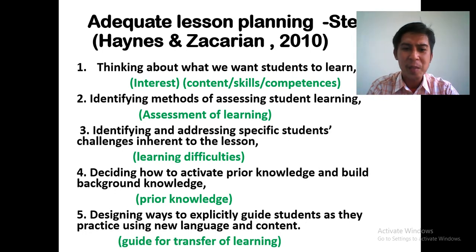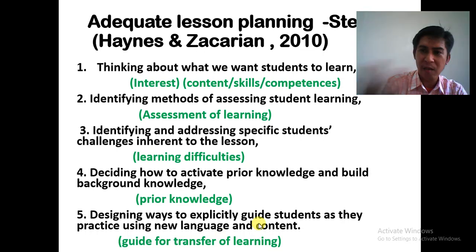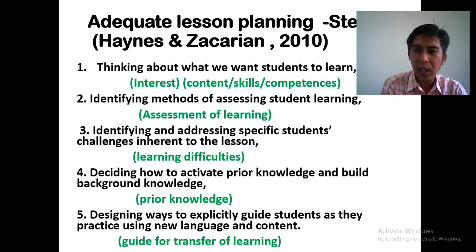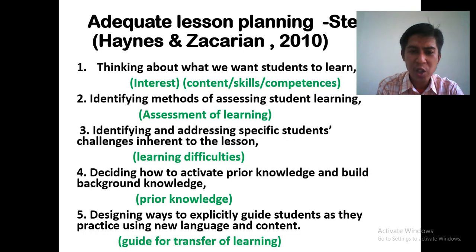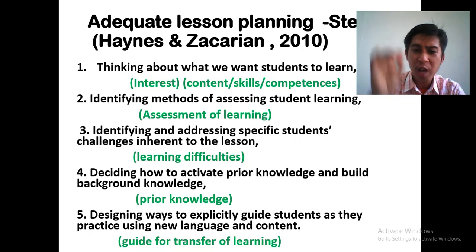Designing ways to explicitly guide students as they practice using new language and content. Some of them probably do not understand English that much. New language in your content, new words, new terms.